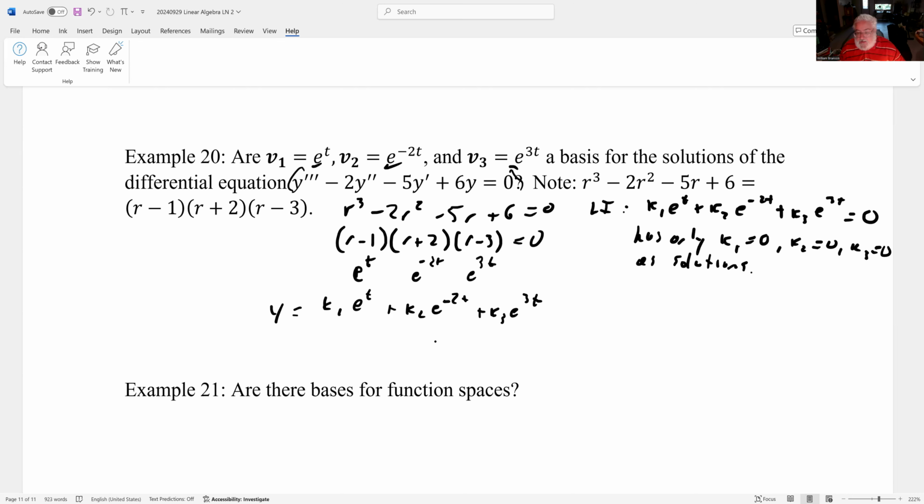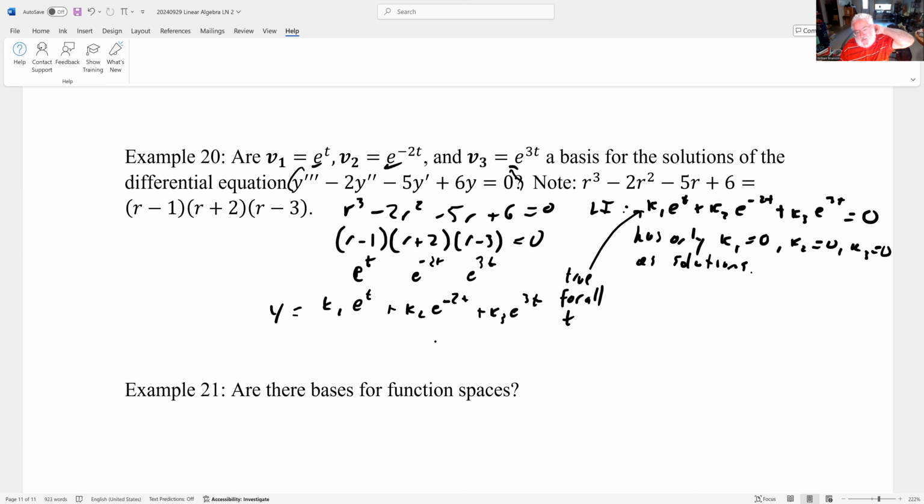Well, it does, but it's a little bit harder to show because we need this to be true no matter what t is. So no matter what number I plug in for t, I want this to be equal to 0, and the only way that can be is k1, k2, k3 equal to 0.